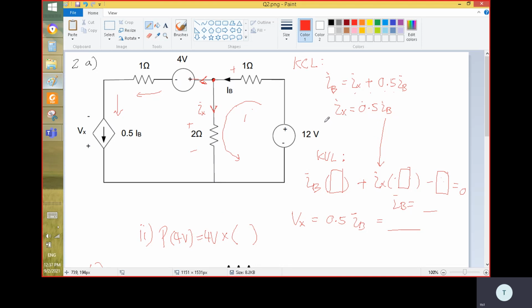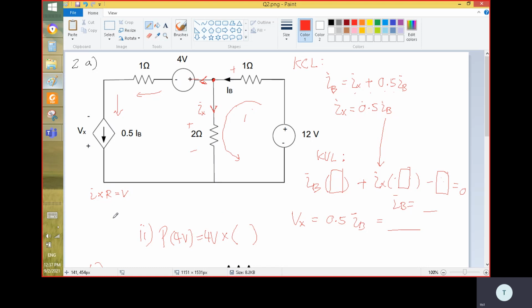All right, so the second step you need to do is the KVL around this loop. We start from IB here. This is Ohm's law, right? Voltage is current multiplied by the resistor.